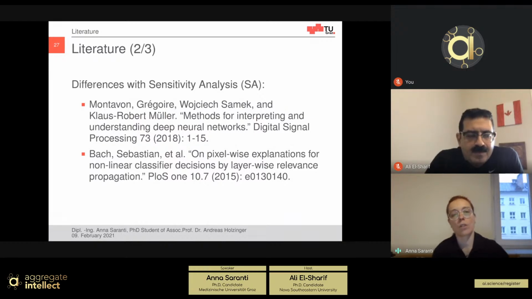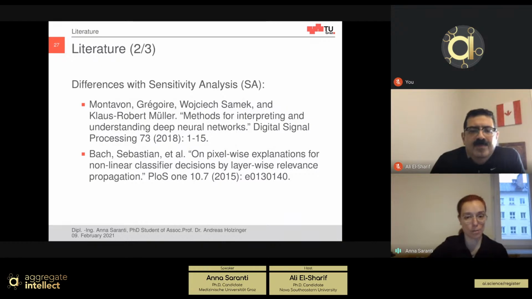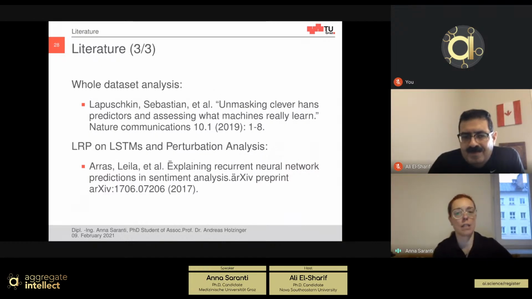There are other papers that compare LRP with other explainable AI methods that produce heat maps. The whole dataset analysis is in this paper from Sebastian Lapuschkin. For LSTMs, there's a paper from Leila Arras, and there's also an upcoming paper from Thomas Schnake about how to apply LRP in graph neural networks, which is ongoing work.